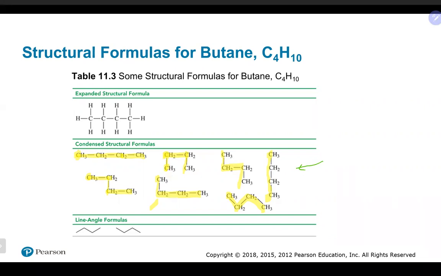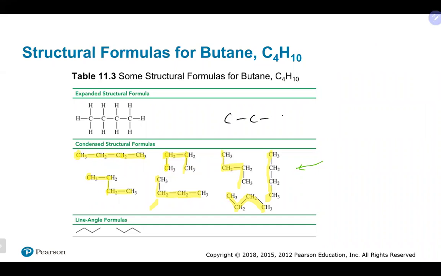So for example, let me just randomly draw one here and see how bad I do. All right. So let's do this guy here, and I won't draw out all the hydrogens, so I'll just do a condensed structure.